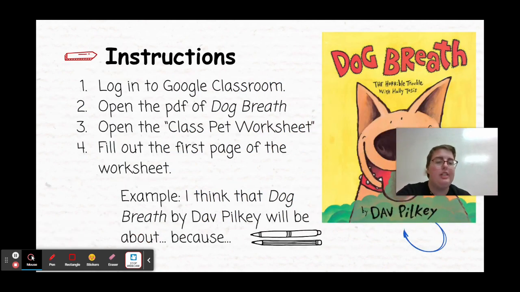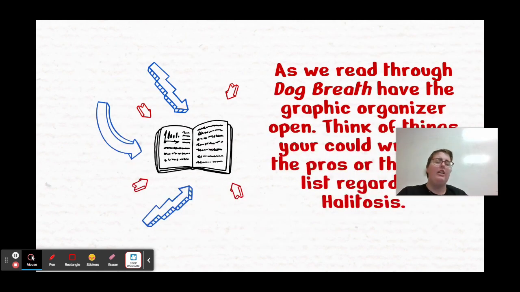Some instructions, so I'll verbally read these instructions off, but they will also have them written down on the board, and they'll also have access to them through Google Classroom if I flip to the next slide and they're like, wait, I need the instructions. They can just open the slides and look at them.